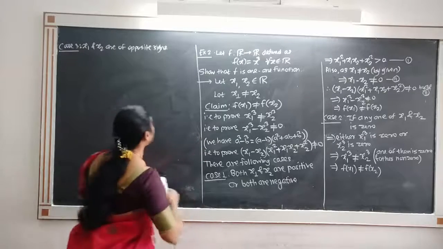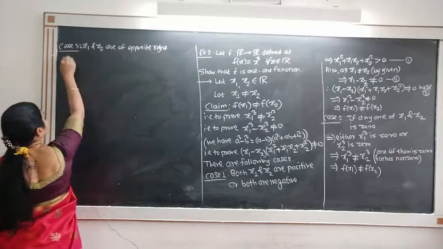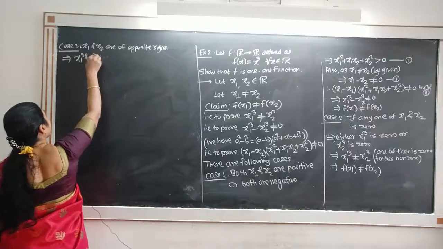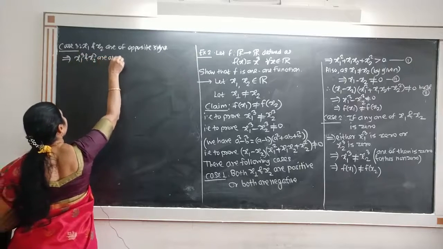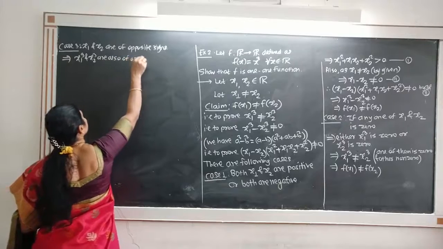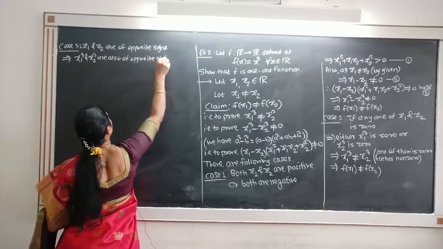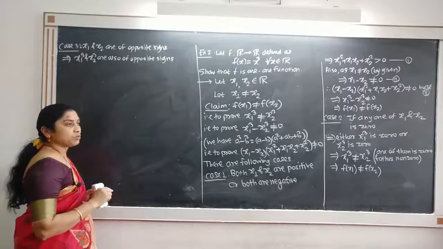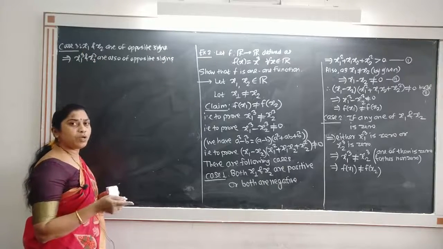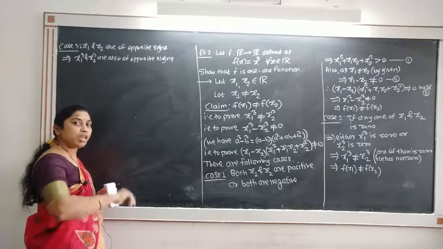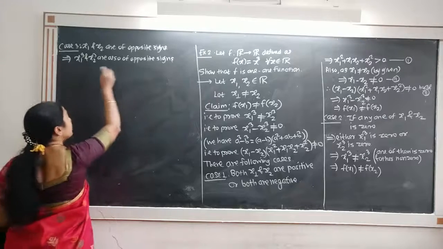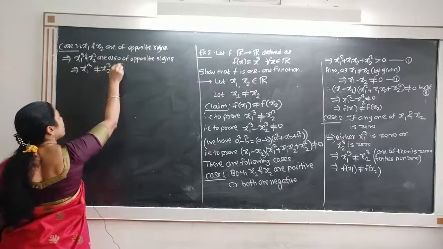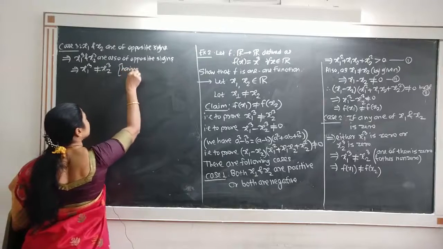So if x1 and x2 are of opposite signs, this implies that x1 cube and x2 cube are also of opposite signs. If x1 is positive, x1 cube is positive. So x2 will be negative, x2 cube will be negative. So one will be positive, the other is negative, which implies that they are not equal. So x1 cube is not equal to x2 cube, having opposite signs.